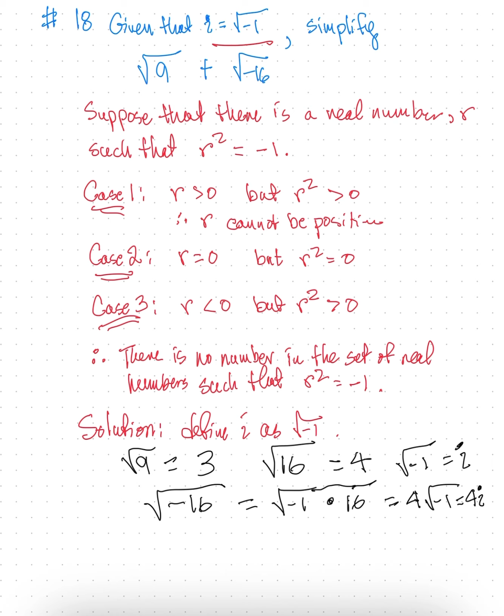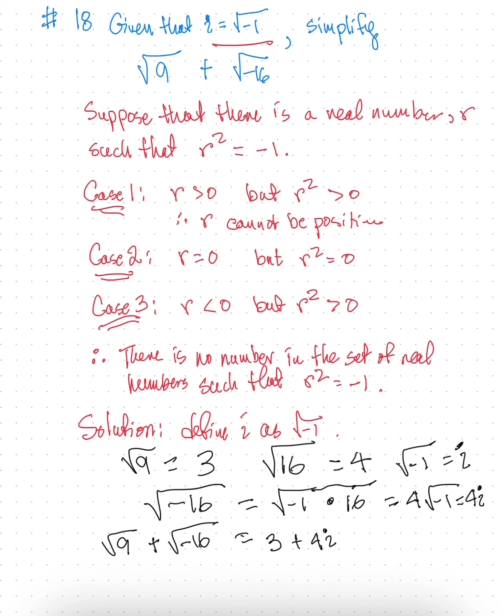So what do we have here with the square root of 9 plus the square root of negative 16? That would be 3, which is what the first term is equal to, plus 4i. It is important to remind you that the 3 and the 4i are not like terms.